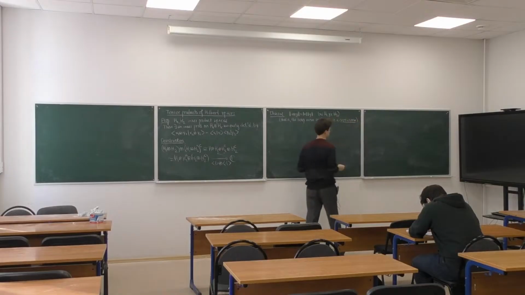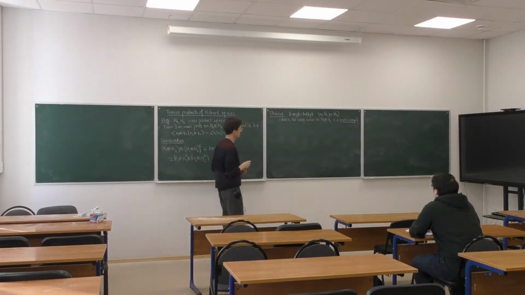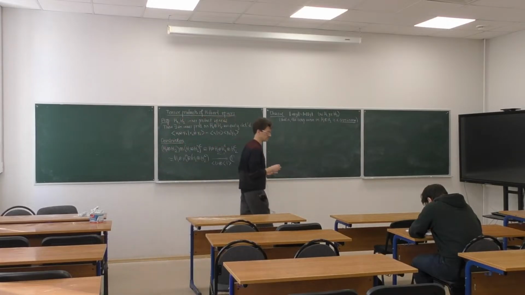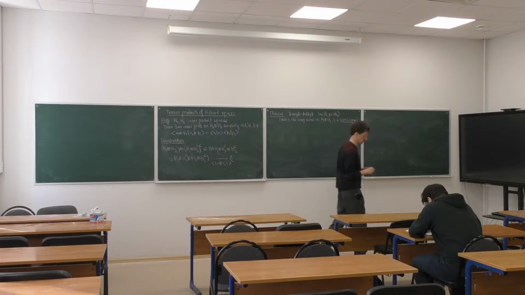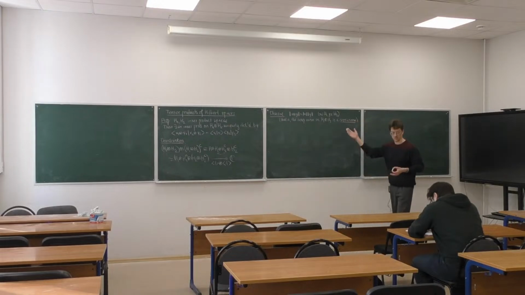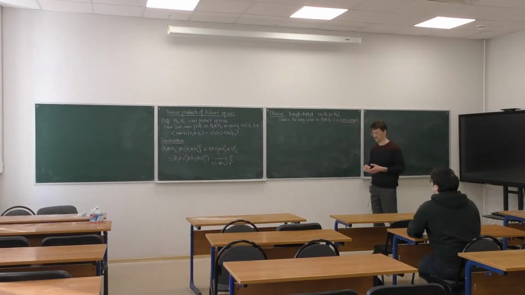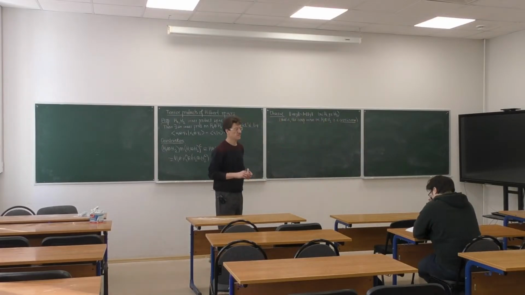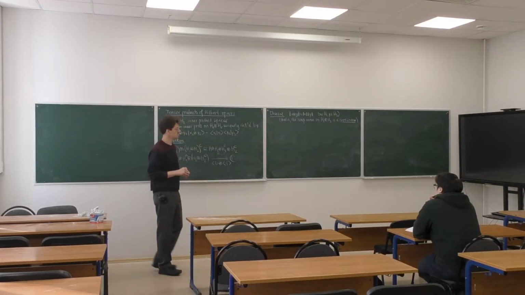And I'd like to stress that this property doesn't determine the norm uniquely. In general, there are many different cross norms on the tensor product of two normed spaces. This is only one of them. And there is a whole deep and interesting theory of tensor products of Banach spaces and more generally of topological vector spaces.